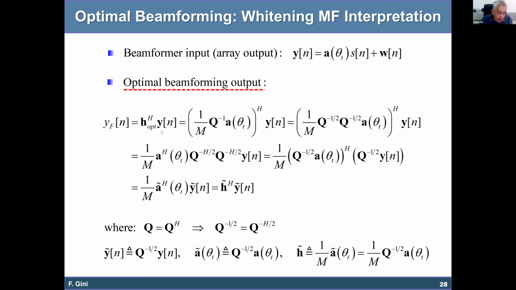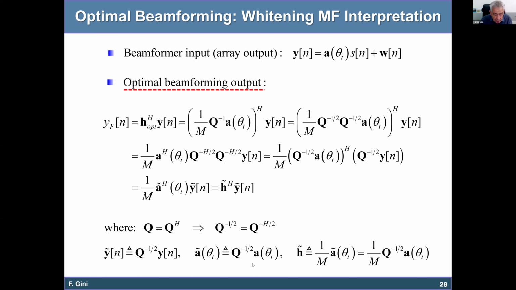So what I want to say is that applying the optimal beamformer is equivalent to the cascade of these two operations. First, we take our original data Y and perform this linear transformation. We obtain the transformed data vector Y tilde, and then we apply on Y tilde a classical beamformer, but the classical beamformer is not matched to A, but to A tilde.